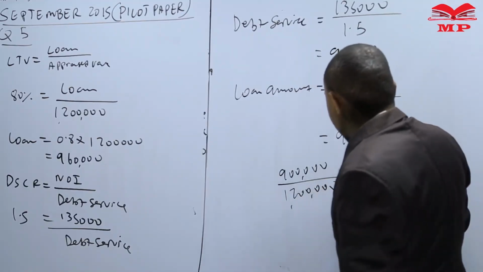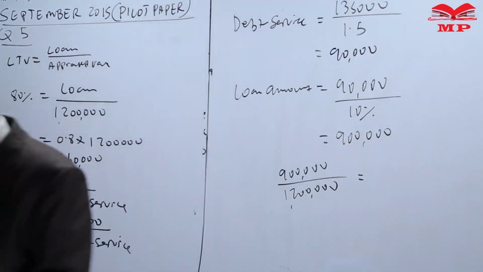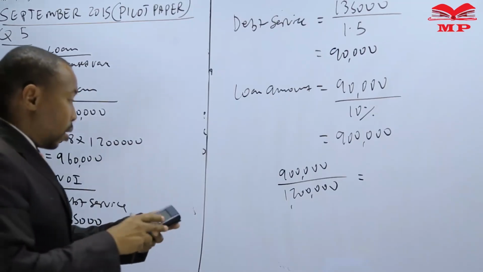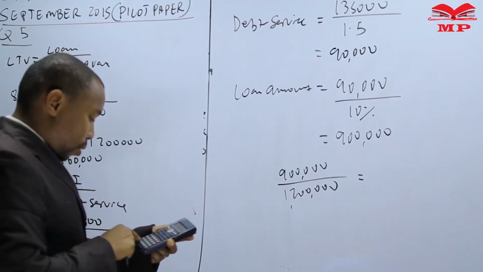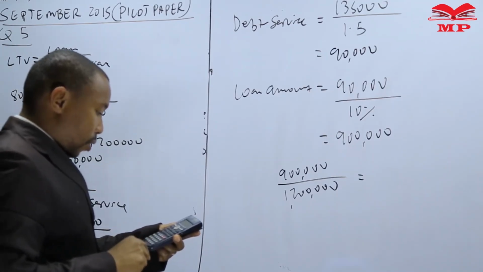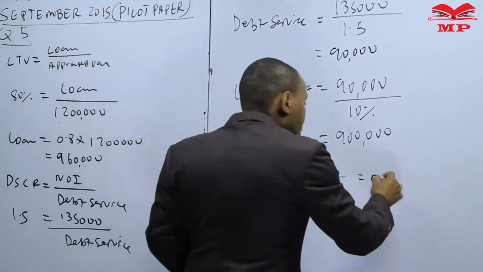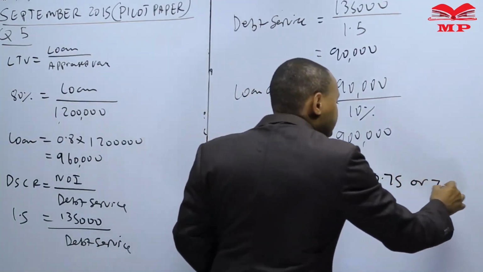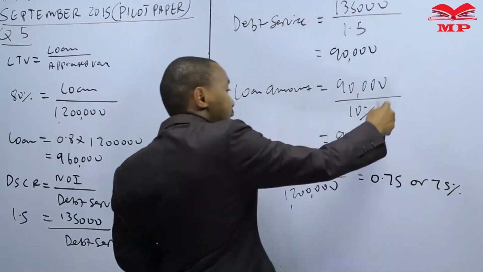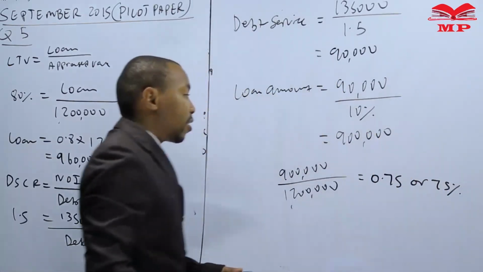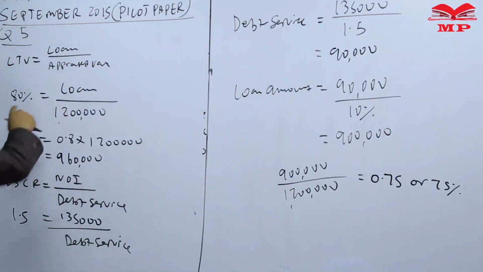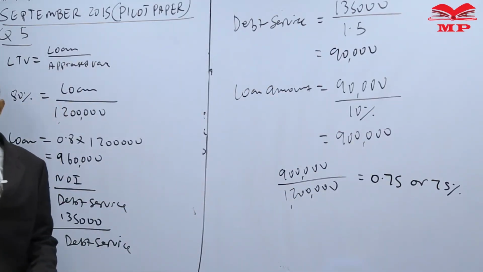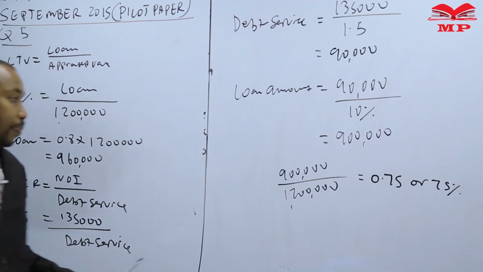Let's see if it exceeds the 80% threshold. 900,000 divided by 1,200,000 gives 0.75, or 75%. So the maximum loan amount is 900,000. Notice this loan to value ratio does not exceed the 80% you were informed of.